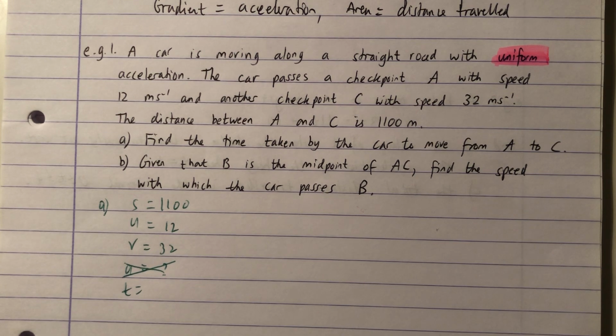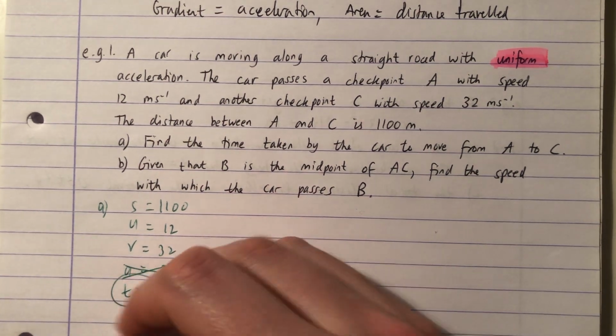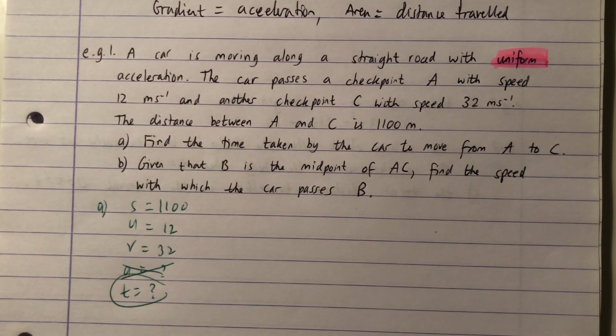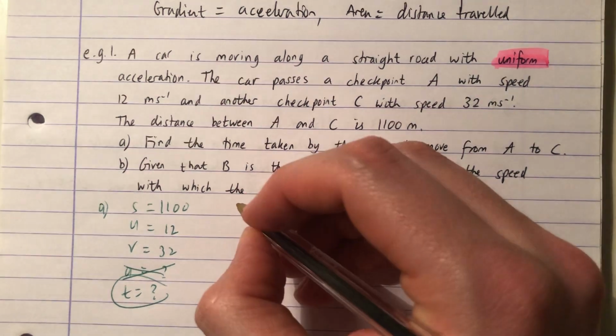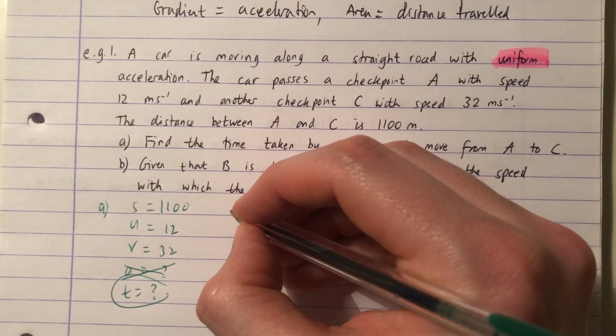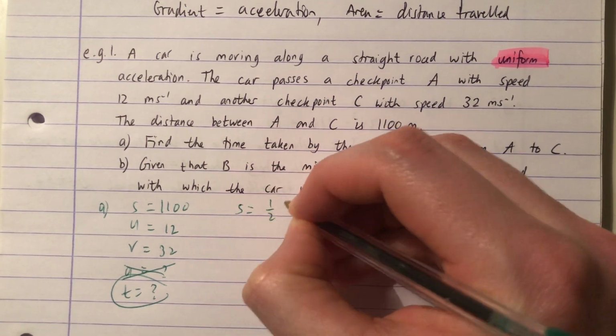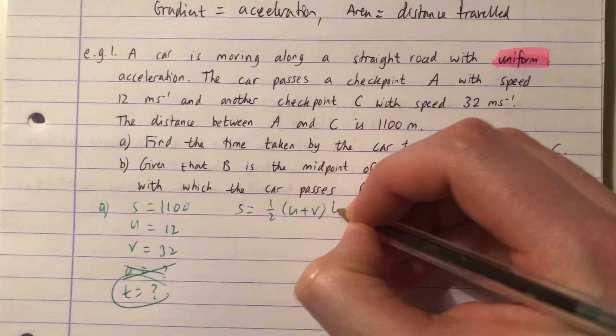But you do know what the time is. The time is the thing you want to work out. So you need to state the formula linking S, U, V, and T, which is S equals half (U plus V) T.